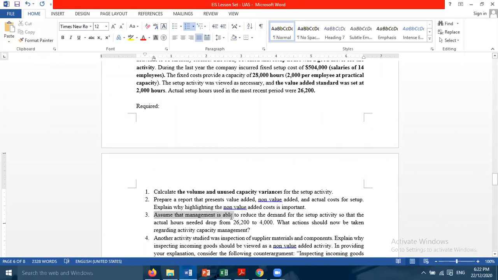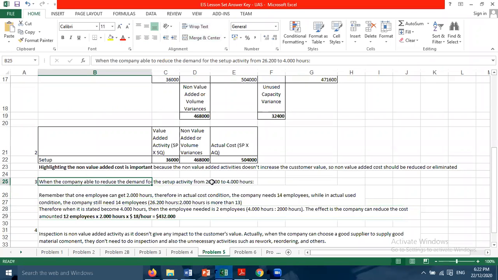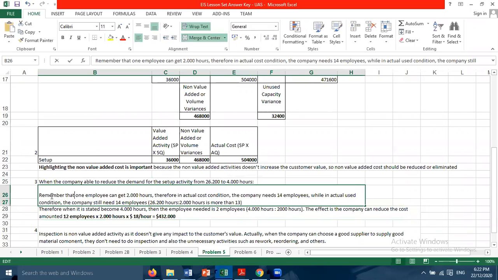Next is number 3. Assume that management is able to reduce the demand for the setup activity so that the actual hours needed drop from 26,200 to 4,000. What actions should now be taken regarding activity capacity management? Okay, so here they're able to reduce the setup activity required from 26,200, which is what we used before, to 4,000 hours. Remember that one employee can get 2,000 hours.